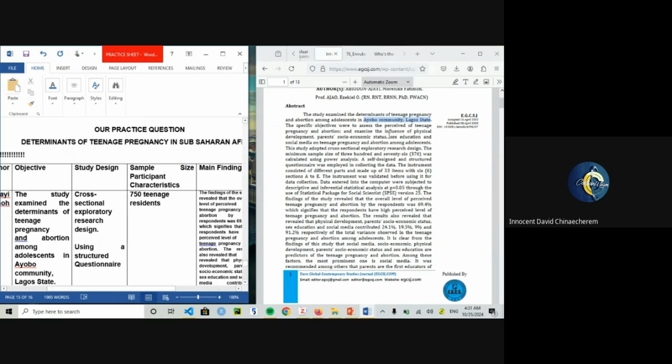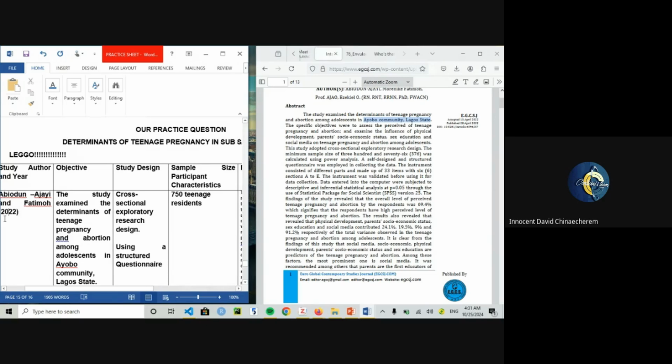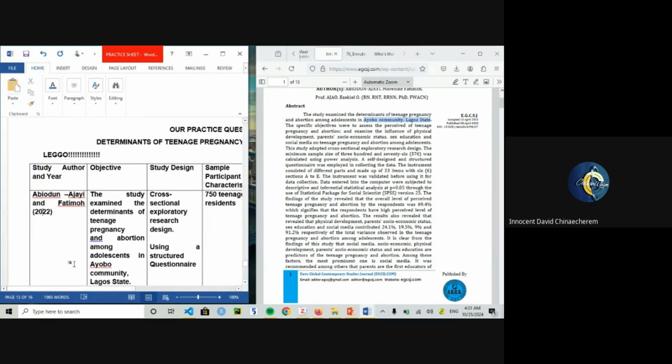That's also very imperative for us to add. And maybe the method of data analysis, you can also equally add that, using inferential statistics, using SPSS, Statistical Package, right? So all those things you might deem fit to extract. So let's do the second example so we get towards perfection.